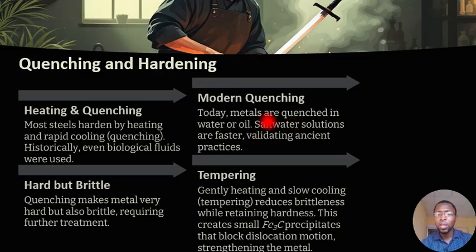So because of this demerit, another method was adopted called tempering. Tempering is gently heating and slow cooling. When you are gently heating a metal and gently cooling it, it gets stronger and it reduces brittleness, and also retains its hardness, because the essence of quenching is for you to make that metal become hard again.